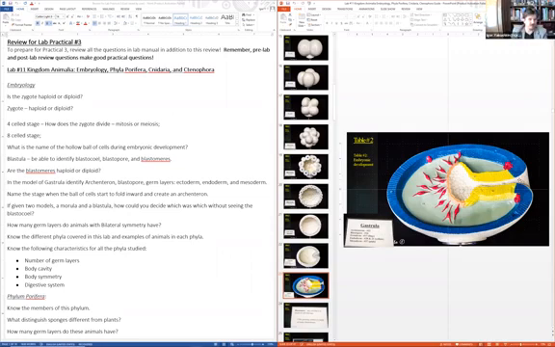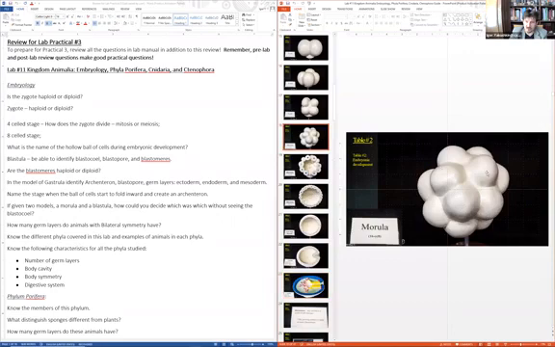In the given two models, morula and blastula, how could you decide which one without seeing the blastocoel? Number of cells. You're counting 1, 2, 3, 4, 5, 6, 7, 8, 9, 10, 11, up to probably 16, that is a morula.